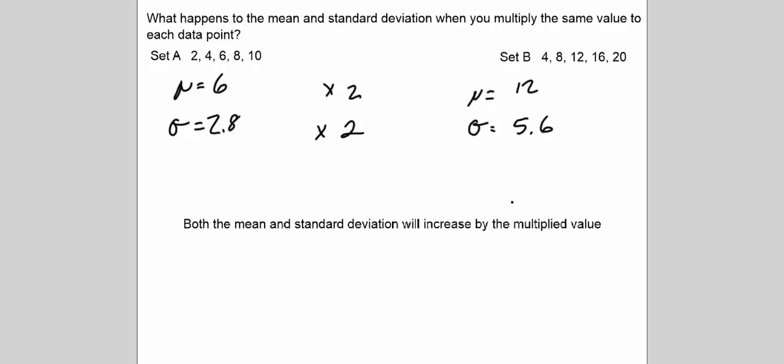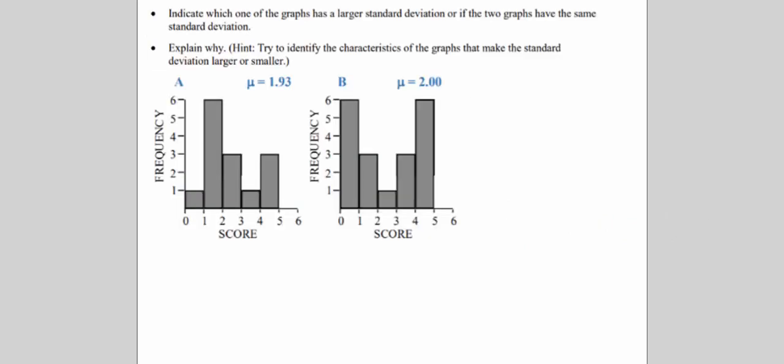So again, both the mean and standard deviation increase by the multiplied value when we multiply each number by the same value. We've got 2 graphs given to you, and within those graphs I give you the average. And we want to talk about which graph would have the higher standard deviation and why, or would those standard deviations be the same?